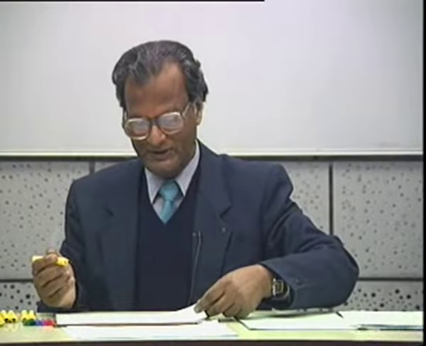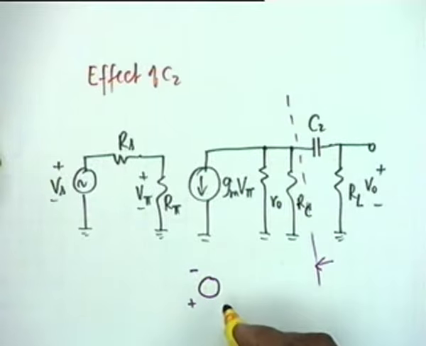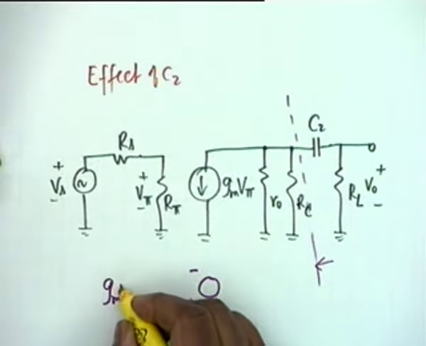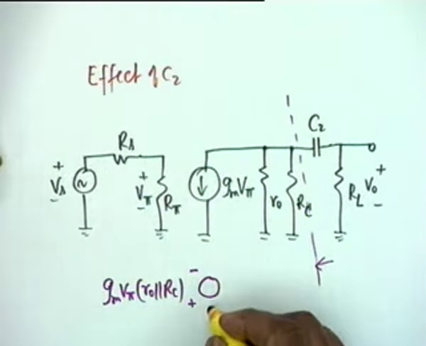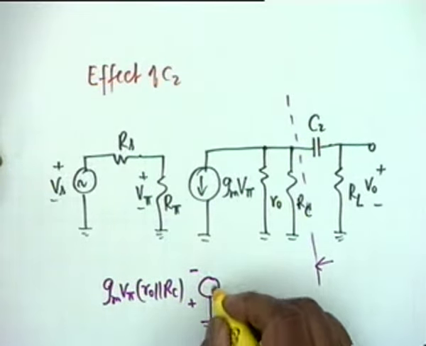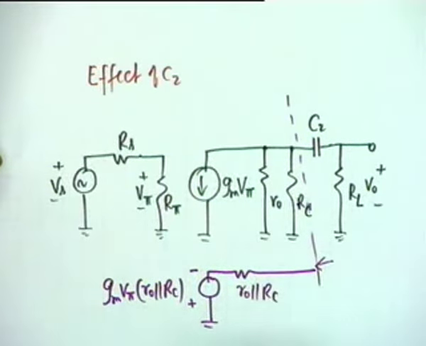Okay. So if I do this, let me write this down here, minus plus, the value would be Gm V pi R0 parallel RC, and in series with a resistance which is R0 parallel RC.